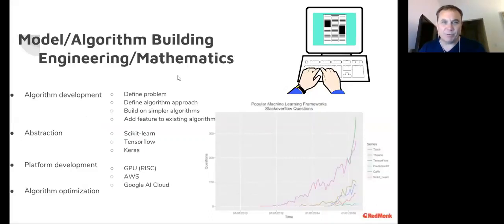Some parts more or less than others. Like, for instance, the first part, the algorithm development. That's not something everybody's going to be doing, but some will be, and we'll all be contributing to it, if not directly, indirectly by using and talking about these different algorithms.